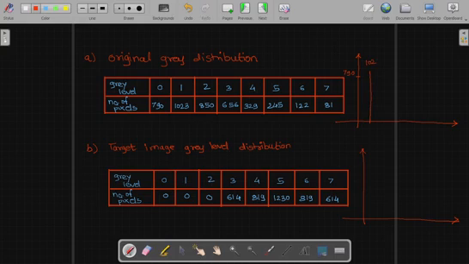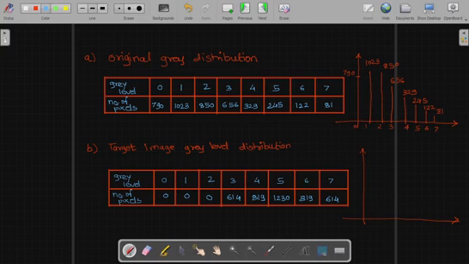Next are 1023 pixels. Next are 850 pixels, 656, then 329, 245, 122 and 81. This is 0, 1, 2, 3, 4, 5, 6 and 7.